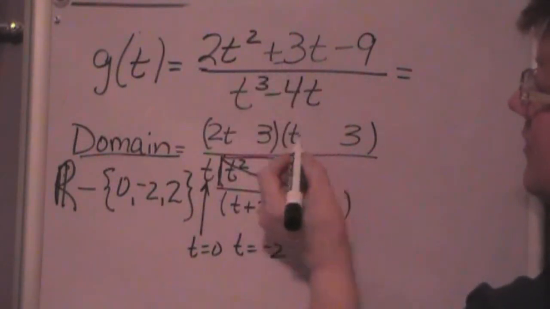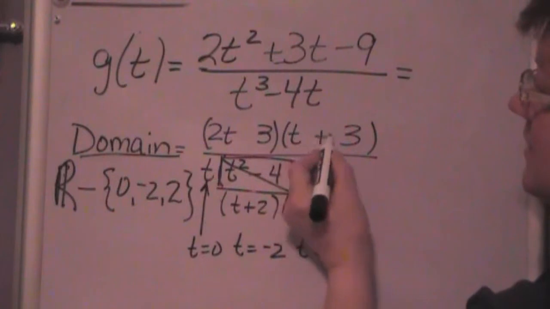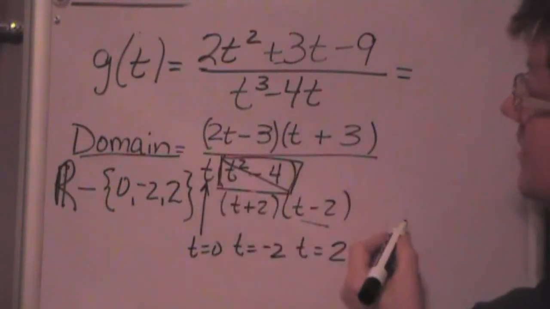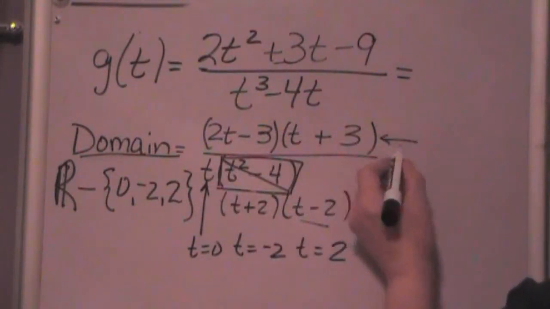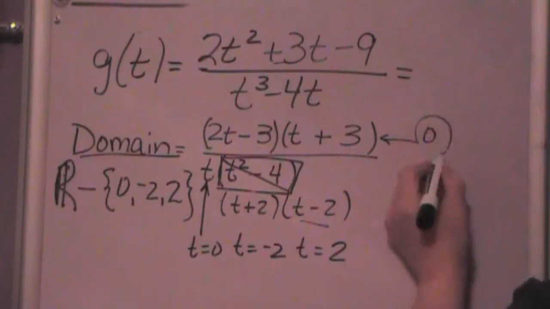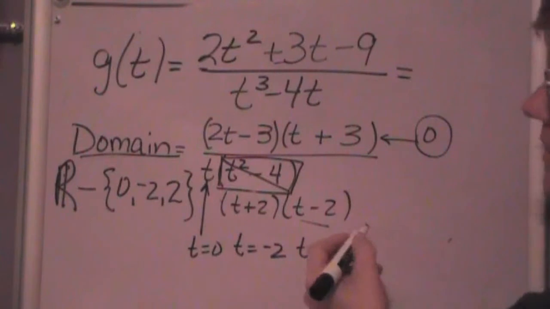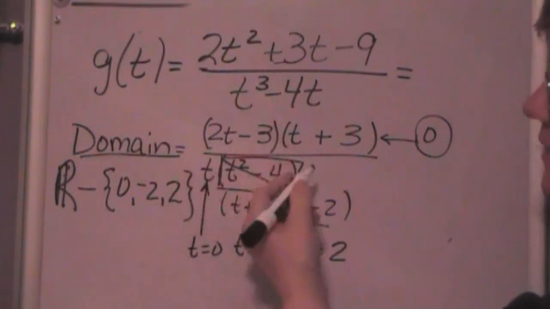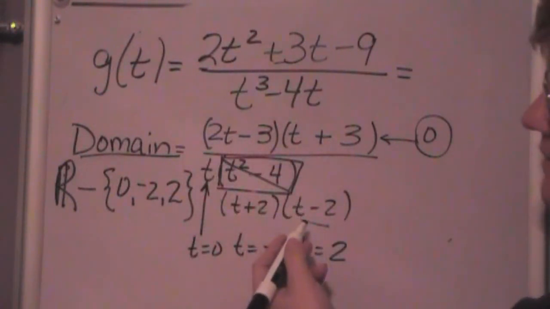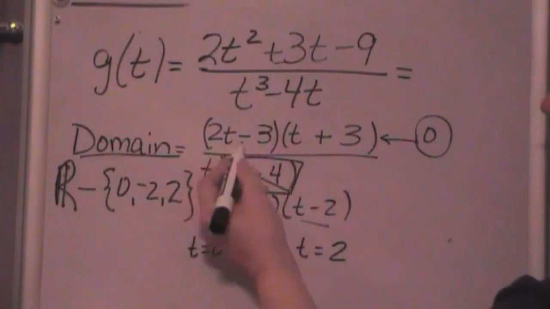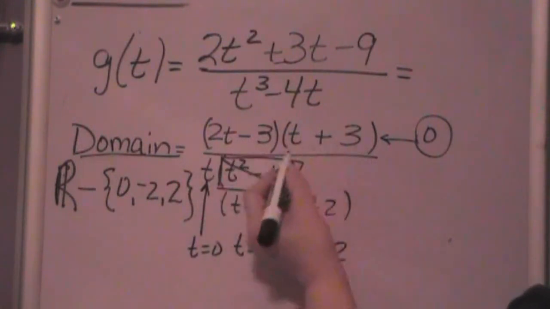My largest one I want to be positive, and that would be the 6t and minus the 3t. Now where this is equal to 0 is the zeros of the function. In other words, if this were an x and y, this would cross the x-axis. If we plotted it, this graph would cross at these 2 points.